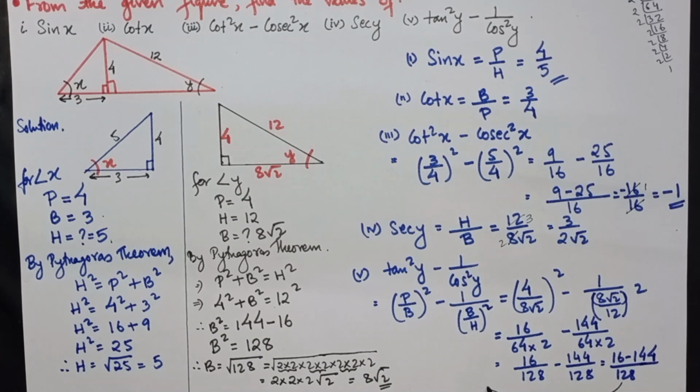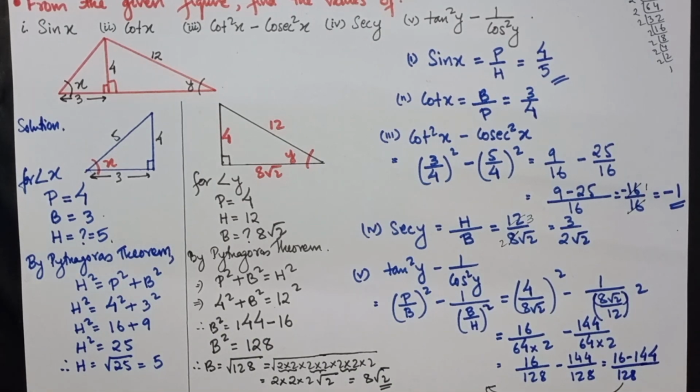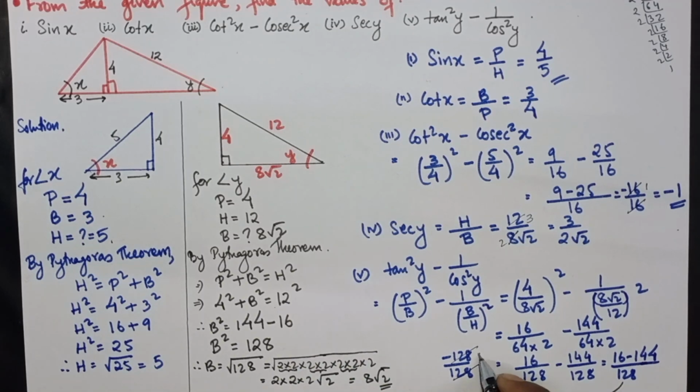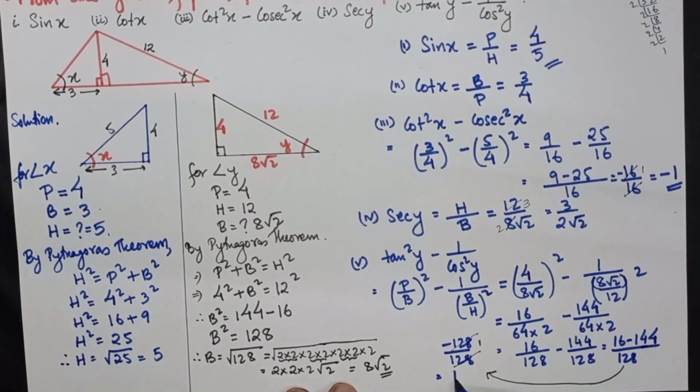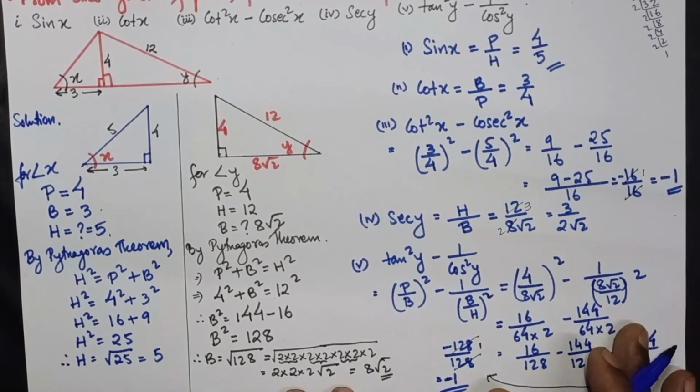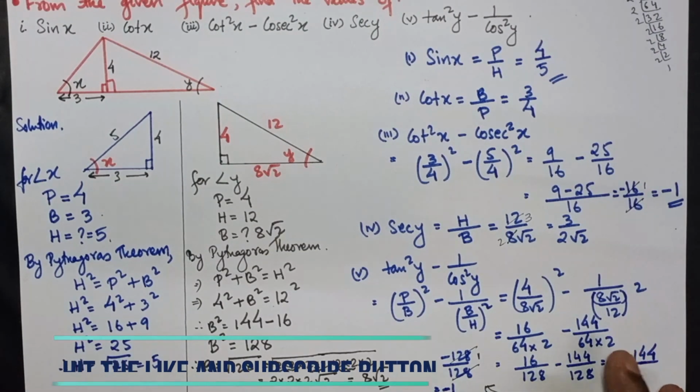Next time I'll make it clearer using another page also. Okay, so this will be your minus 128 and this will be your 128. So this 128 gets cancelled, so I got 1. So what did we get finally as the answer? I got equals to 1. So sorry, minus 1. Okay, hope you are clear with this. Do it nicely.